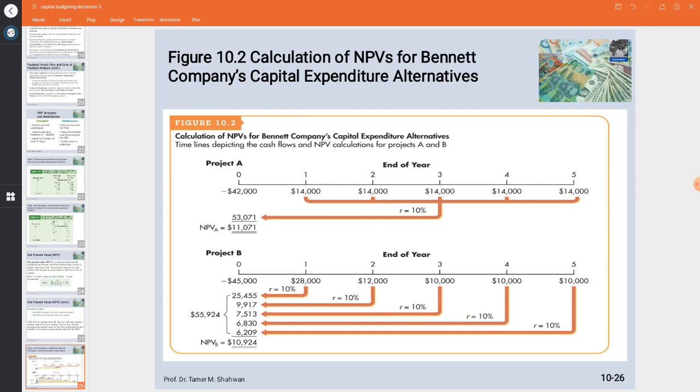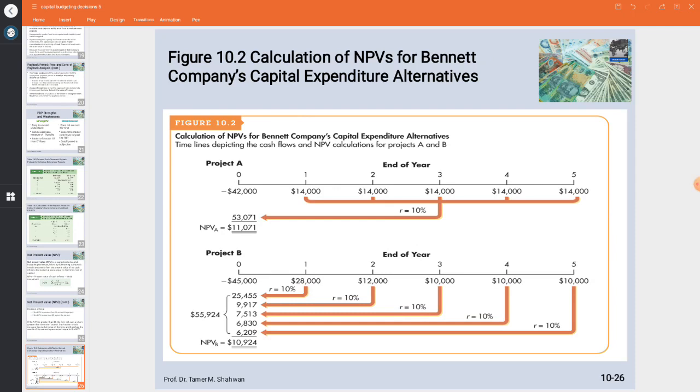This means the 14,000 every year will be discounted at a specific discount rate to determine the PV of cash inflows, minus the PV of cash outflows. This gives you the NPV, which is 11,071.